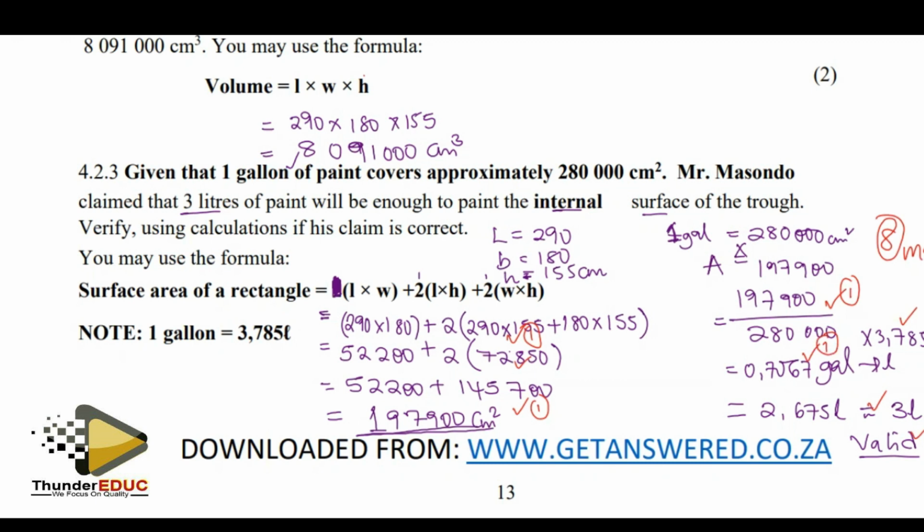The amount of paint is in gallons. You've changed it to liters. You've got the answer, which is approximately. Then you concluded. You verified. That's how we get 7 to 8 marks.